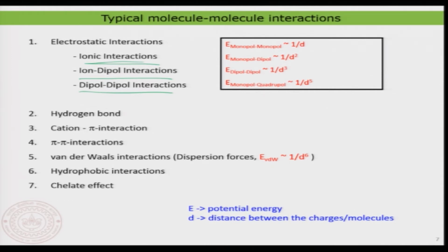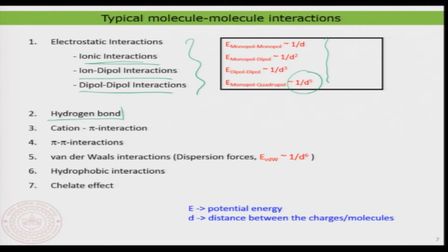So, the first and foremost interaction is the electrostatic interaction, and the potential energy of the interaction is strongly distance dependent. As you make the poles more complex, that means dipole or monopole or quadrupole and so on, the distance dependence becomes more complex. Therefore, everything is controlled by the distance between the two molecules.